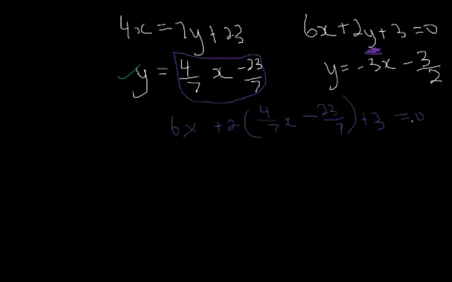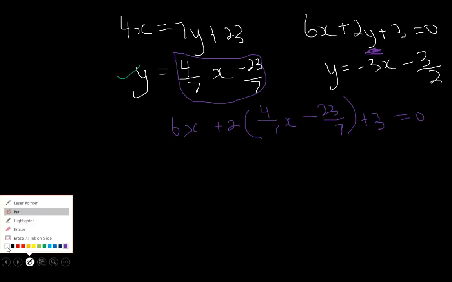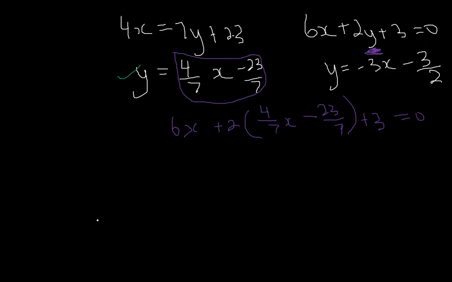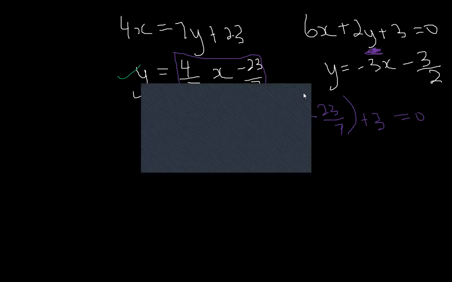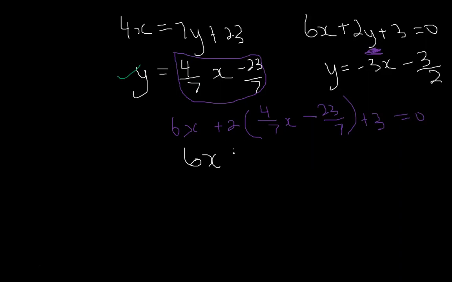And all we want to do now is solve for x. 6x plus 2 by 4 over 7x is 8 over 7x.